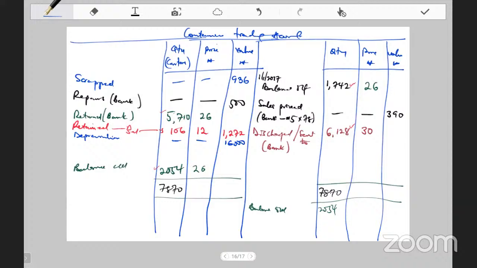1742 times 26. That gives me 45,292. Then I have the charge out, 6128 times 30,000. That'll give me 183,840 plus 319 plus 45,292.